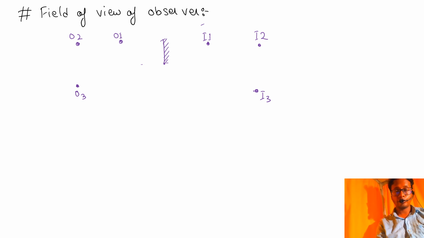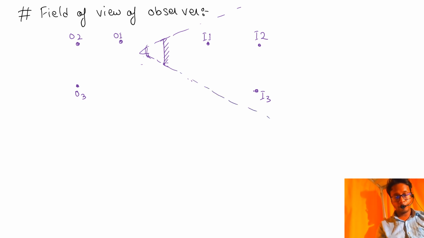Suppose my observer is out here, very close to the mirror. Draw straight lines connecting the observer to the edges of the mirror. See, my field of view becomes so large that all three images are inside the field of view.